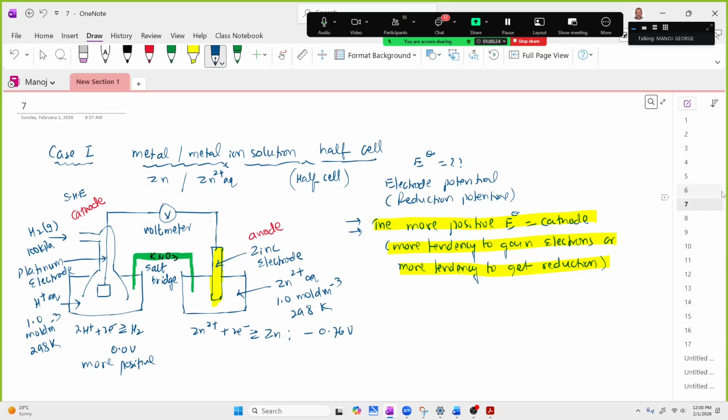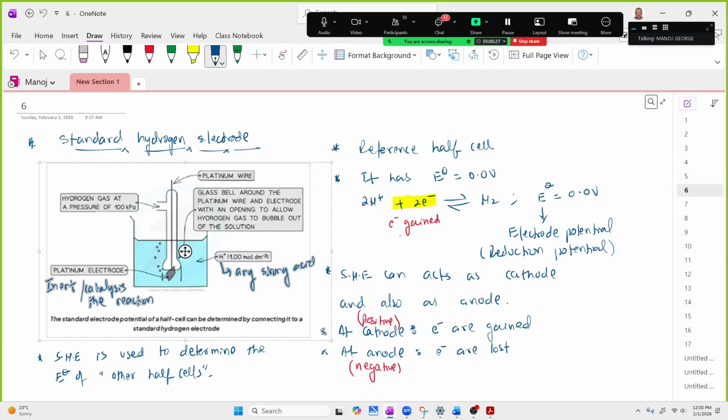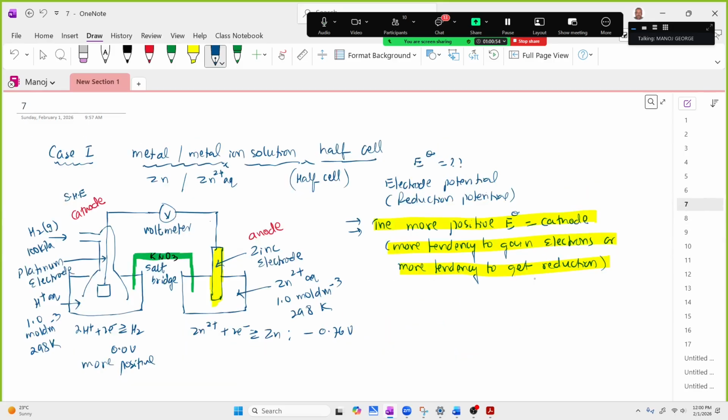Correct. Now, if you look at my previous page, who is supposed to be losing electrons? Cathode or the anode? Electrons are to be lost at the anode, correct? Electrons have to be lost at the anode, and that means the flow of electrons is going to go this way, anode to cathode.